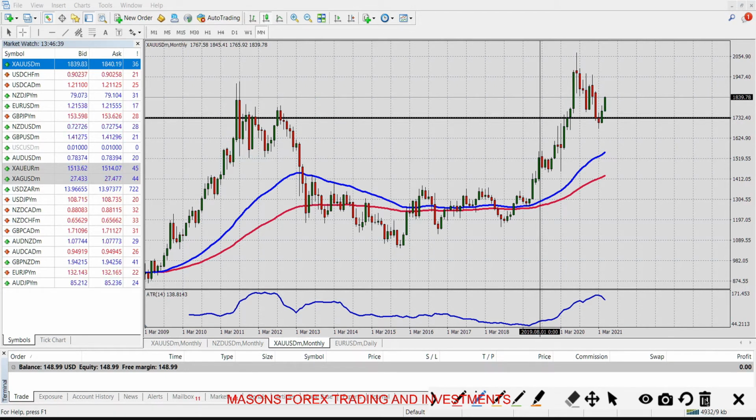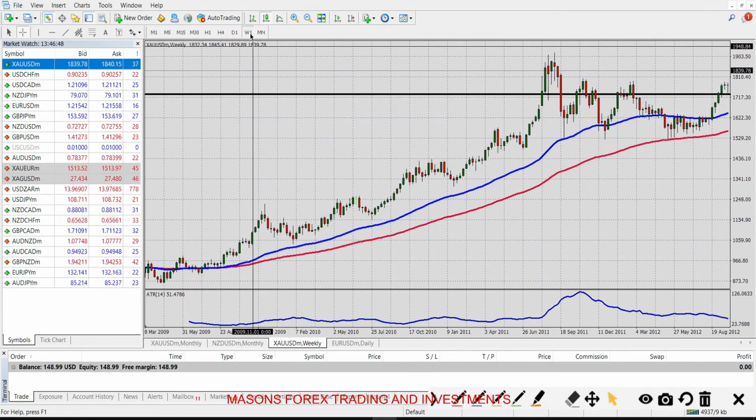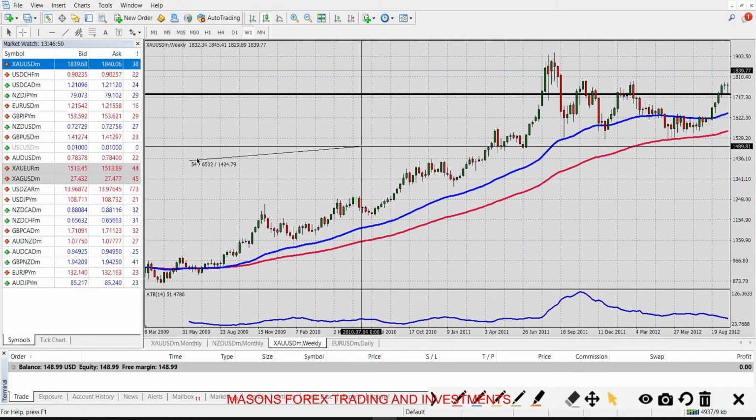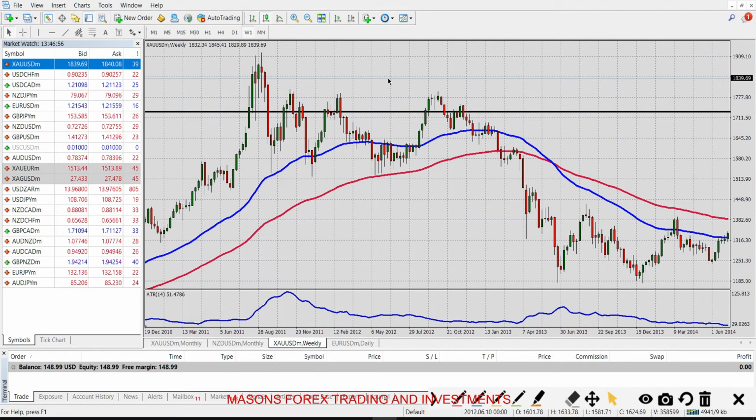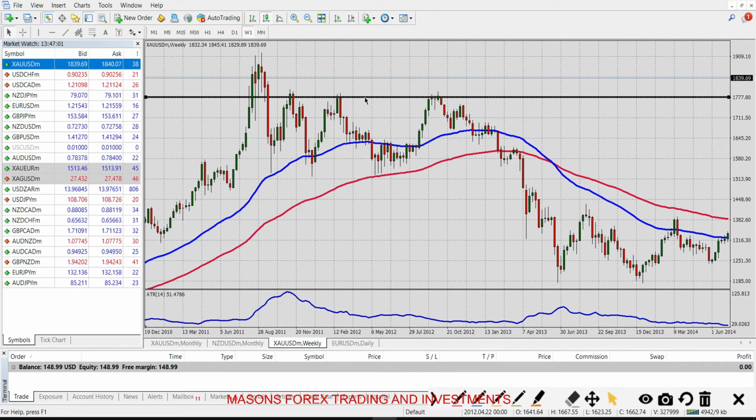So let's see what we can do for gold. Go back to the weekly. We can adjust our support or resistance line to make it a bit more accurate. You can see we had a wick here.